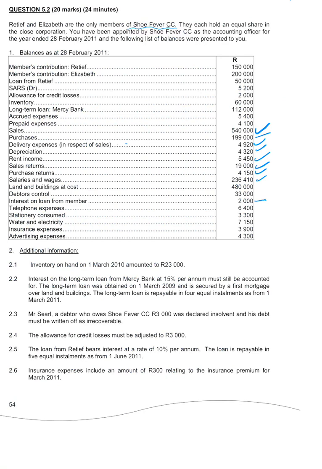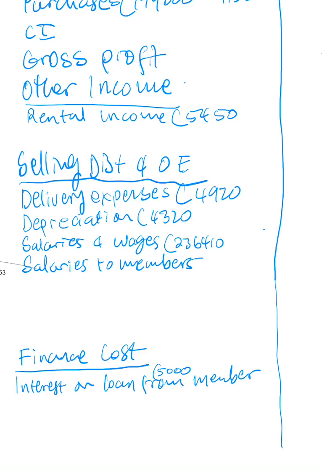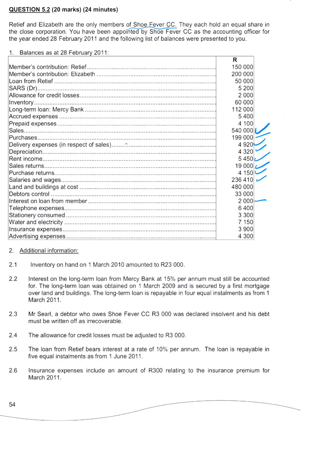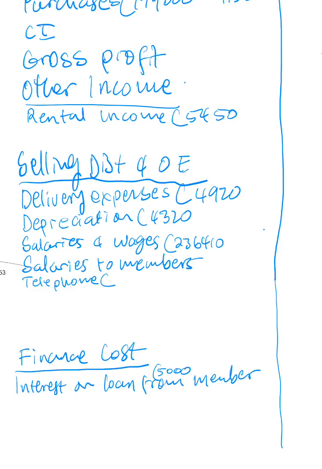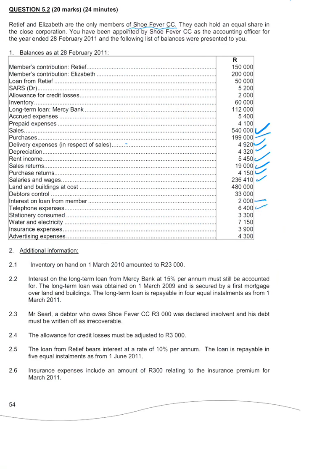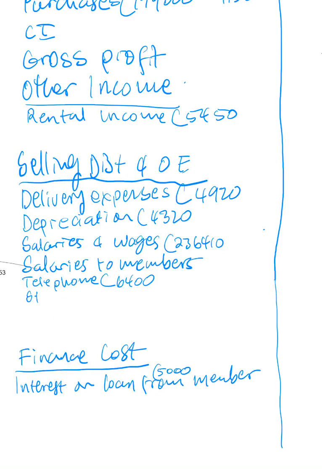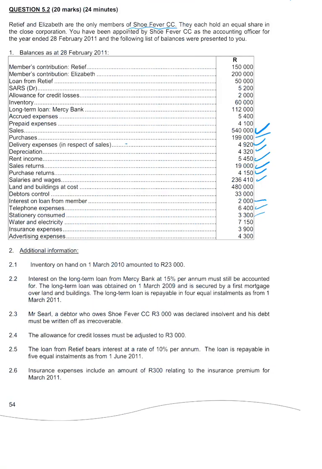Next, we've got telephone expenses, so come and put my telephone there. How much is my telephone? My telephone expense, 6,400. We've got stationery consumed, 3.3. I'll put my stationery 3.3. Next is water and electricity.